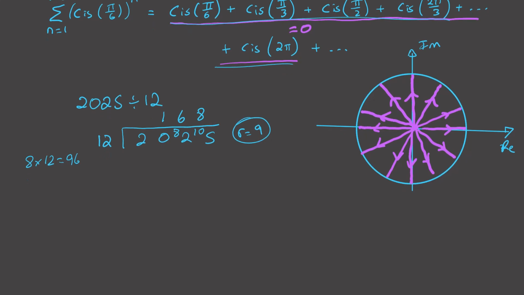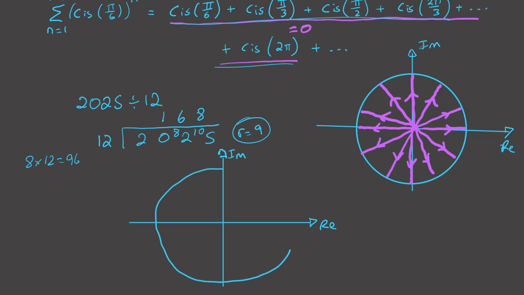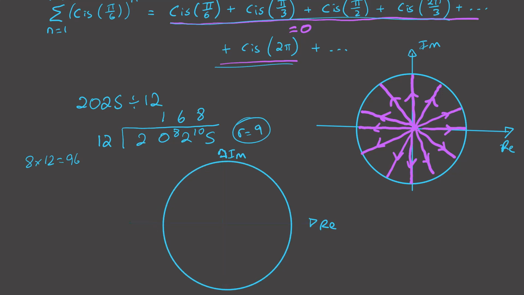Well, let's think about those 9. So I'm going to draw another Argand diagram. So I've got Re and Im, and we have a unit circle like that. Let's just redraw those axes so it's more at the center.